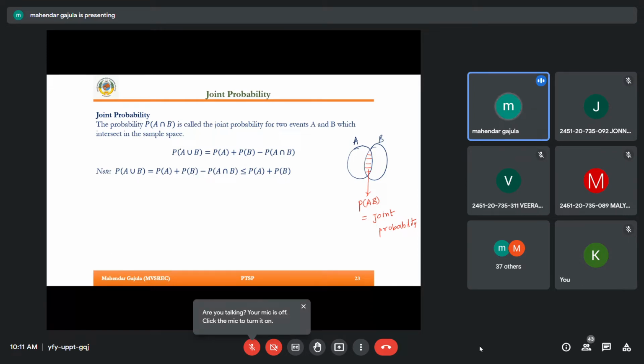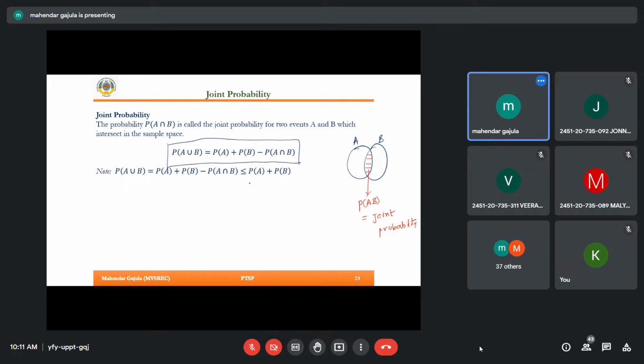So the probability of A union B, the formula is this one. If A intersection B is null set, then probability of A union B is equal to probability of A plus probability of B. Just now we have seen this in axioms.